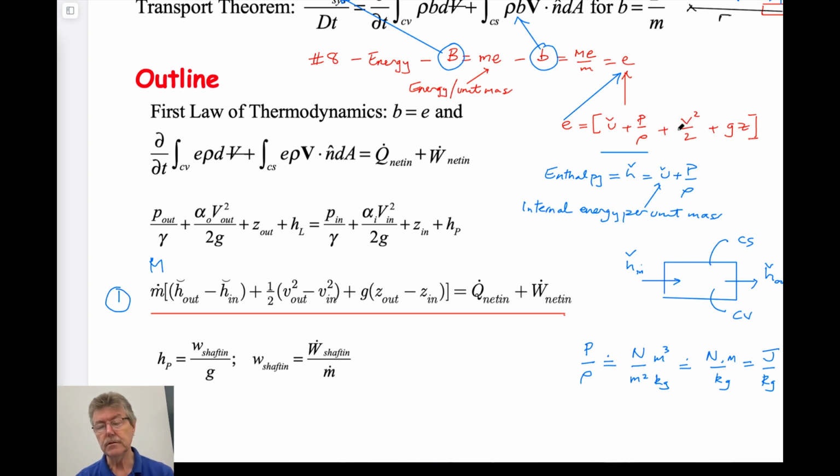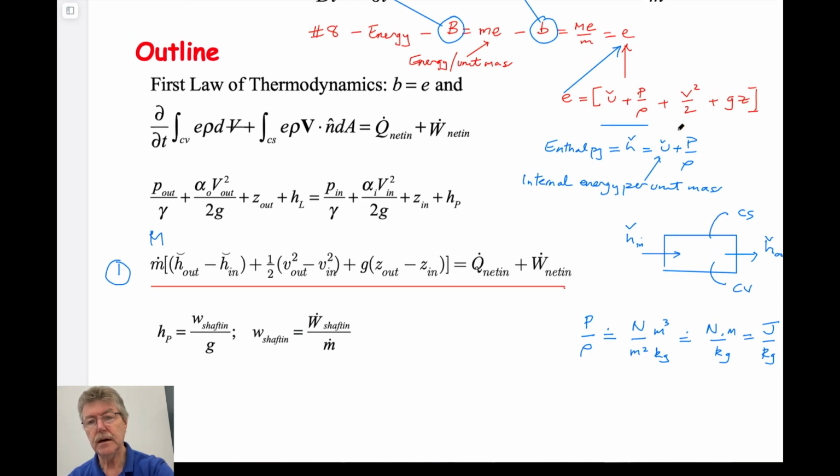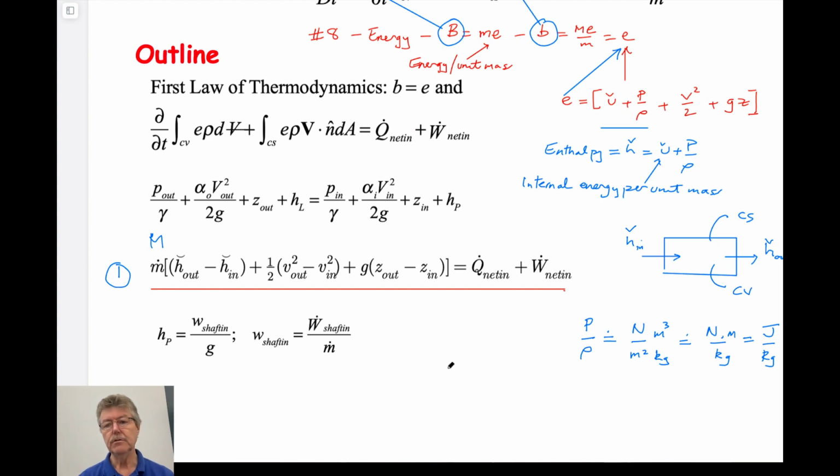I guess what we could also do is use the definition of a newton. It's the force needed to give 1 kilogram an acceleration of 1 meter per second squared.